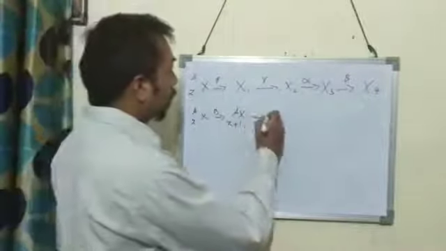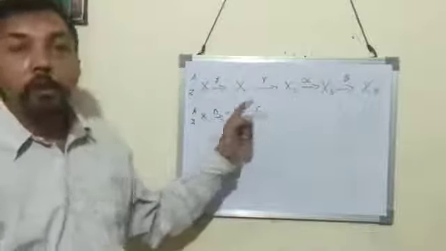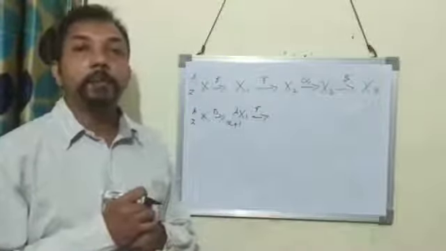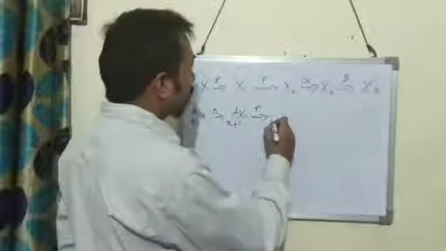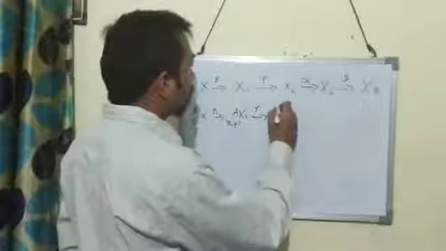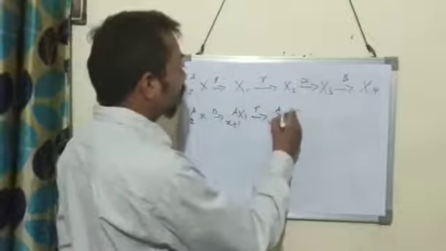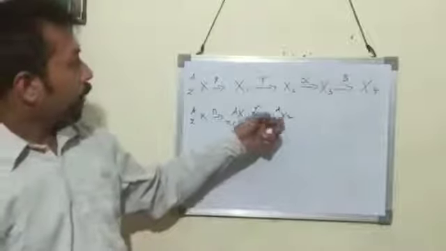Then it emits a gamma radiation. During gamma radiation there is no change in the atomic number and mass number. So the atomic number remains Z plus 1 and mass number remains A. This is X2.